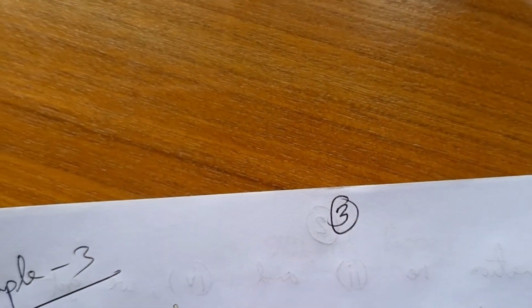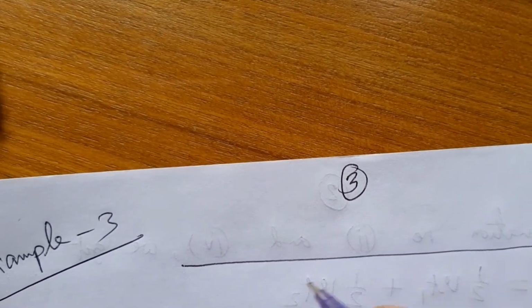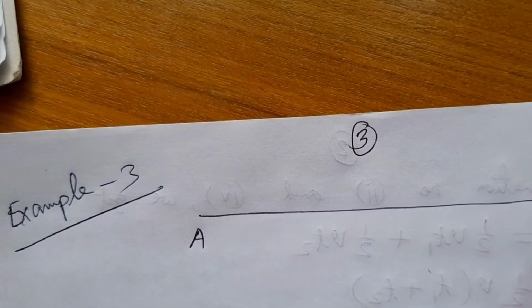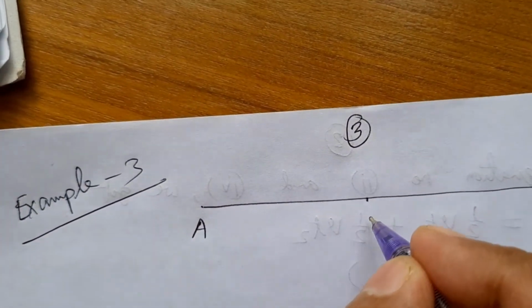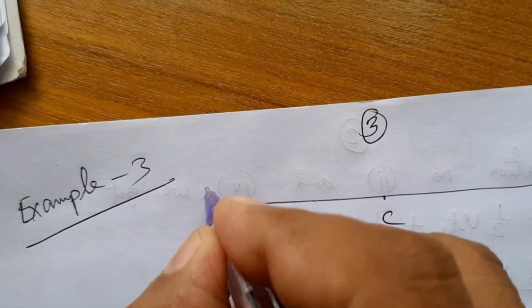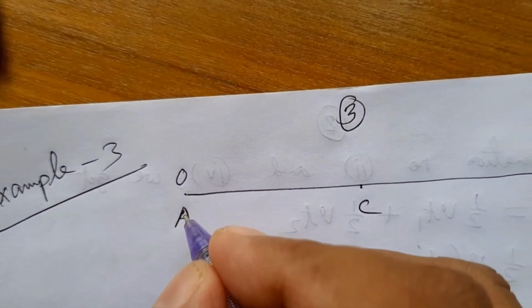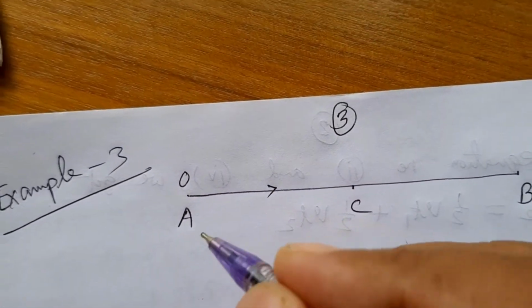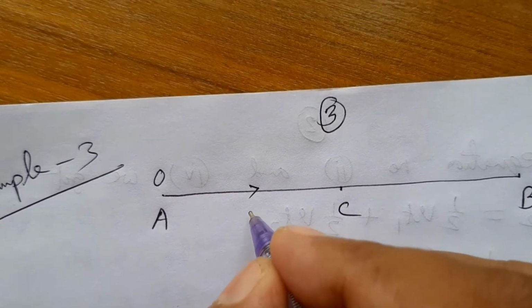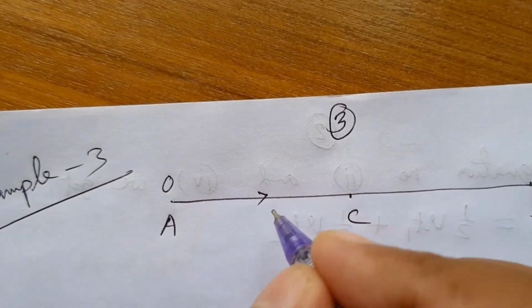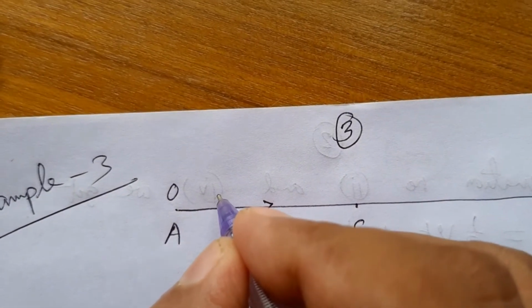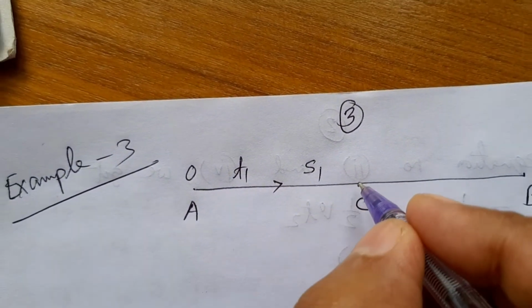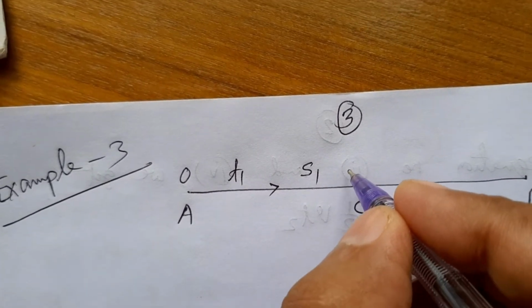So same things like previous math. Such an example, A is one station and B is another station. So the initial velocity at station A is 0. Similar to previous math, here we can say that in time t1 and covering distance s1, it comes at point C and obtains velocity v.